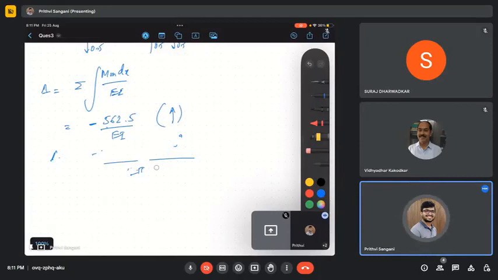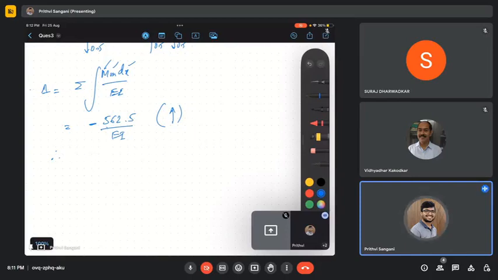You have a moment, kilonewton meter. You have another moment, which is kilonewton meter. You have dx, which is meter. So kilonewton meter times kilonewton meter, that is kilonewton square, right?